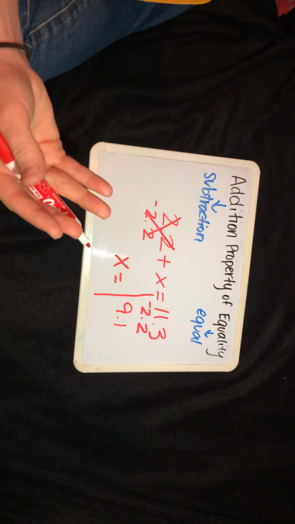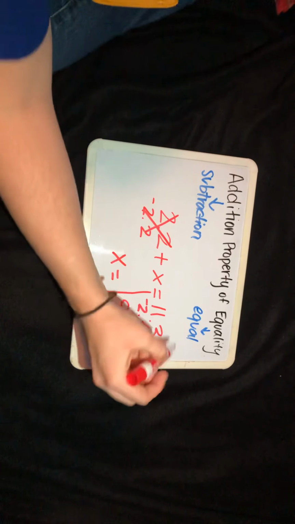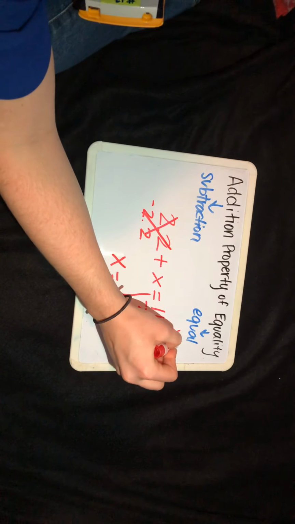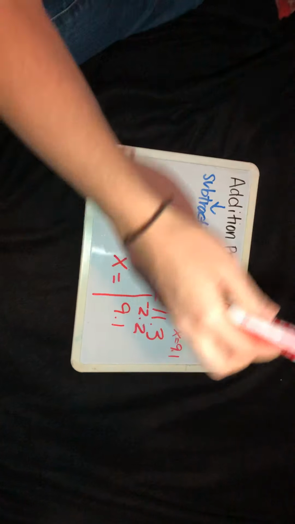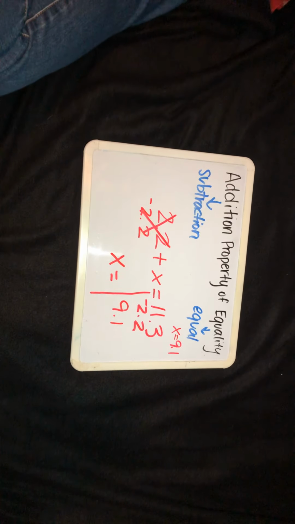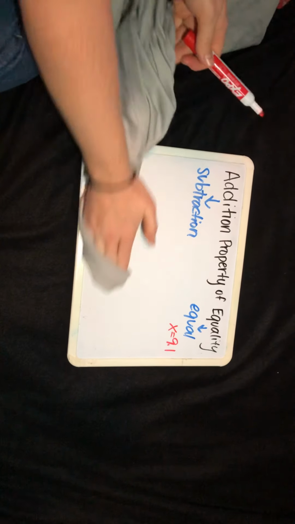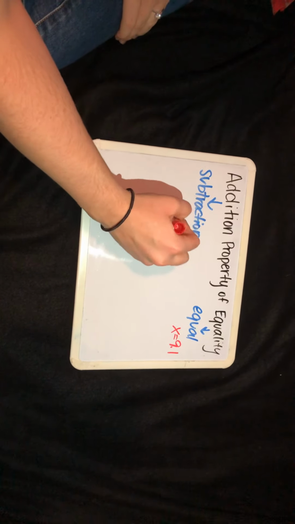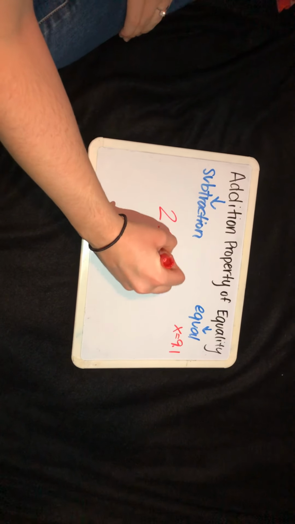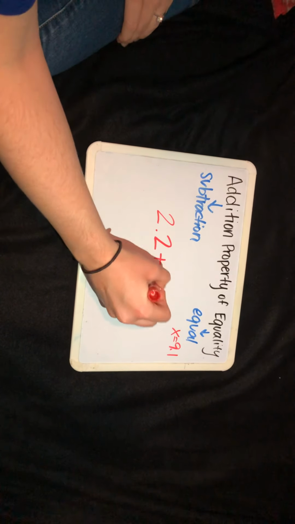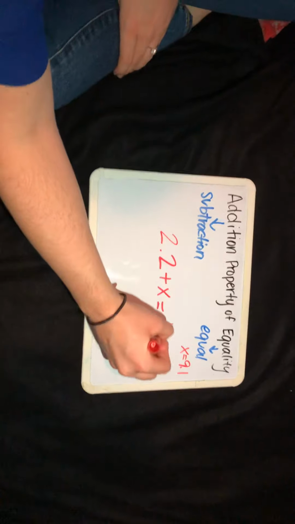So again, we're going to check and make sure that we did our work correctly. So x equals 9.1, and then I erase my work and plug it in again. 2.2 plus x equals 11.3. Oh, that's a terrible 3.